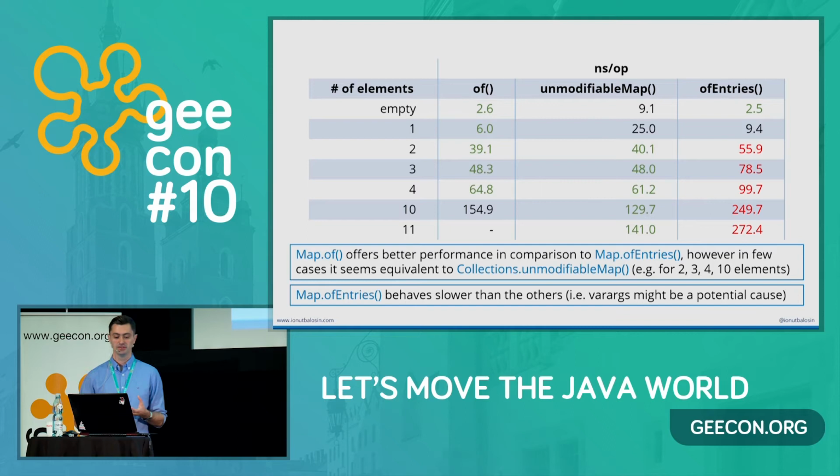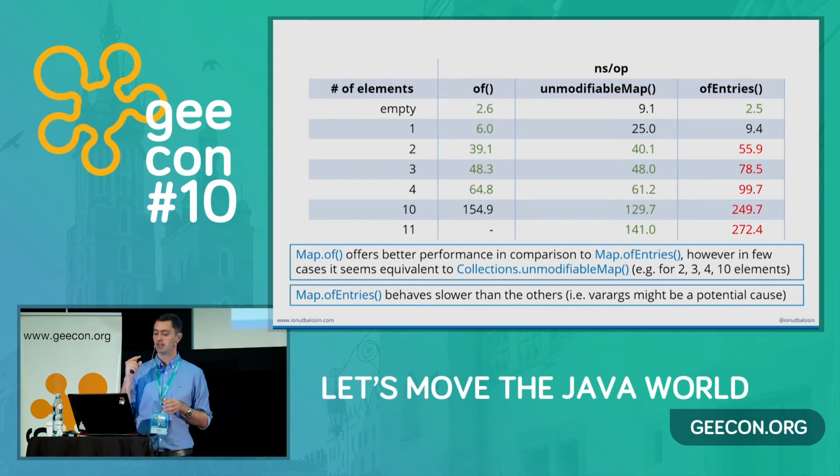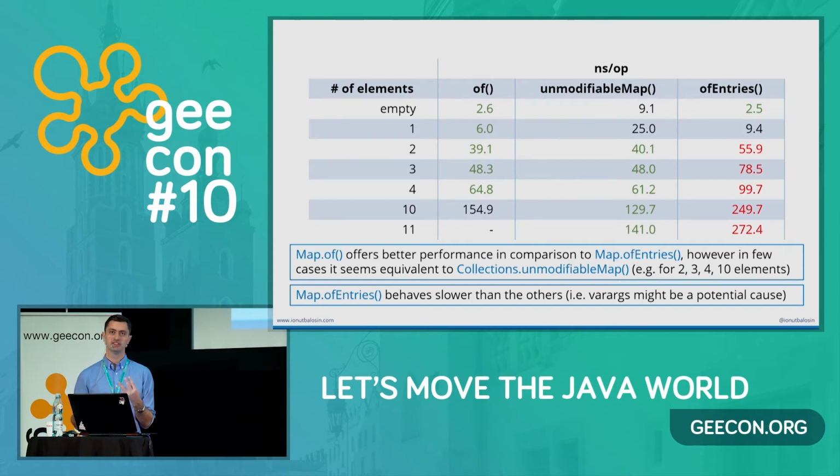And for performance, in the case of of versus unmodifiableMap, I mean the JDK 9 versus JDK 8 version, I would see that in a few scenarios, for example, for 2 elements, the of method took 39 versus 40. In the case of 3, 4 and 10 as well, the performance is not very different.